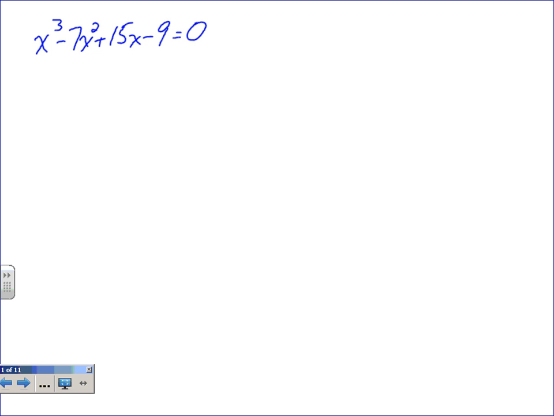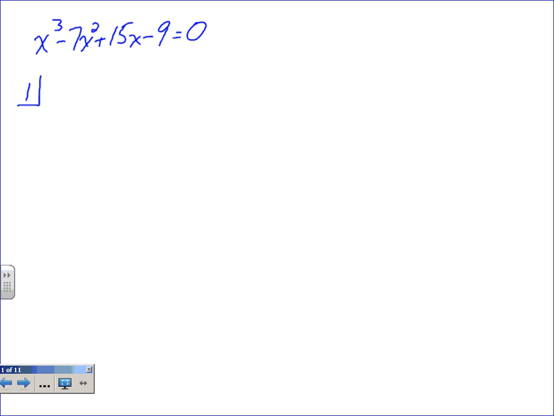Then use synthetic division. Look at the graph. Can you tell me what a 0 might be? Mark, what is a 0? 1. All right, so we see it crosses the x-axis at 1. That's a 0. So let's use synthetic division.